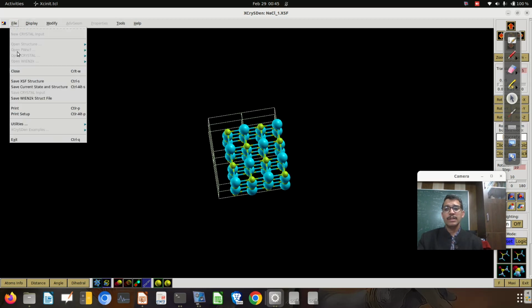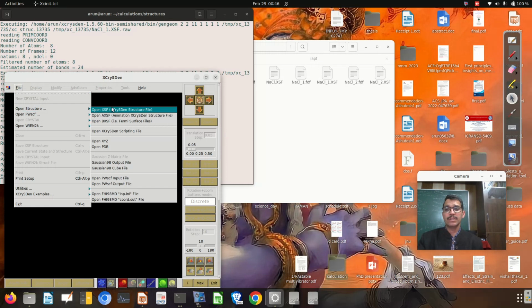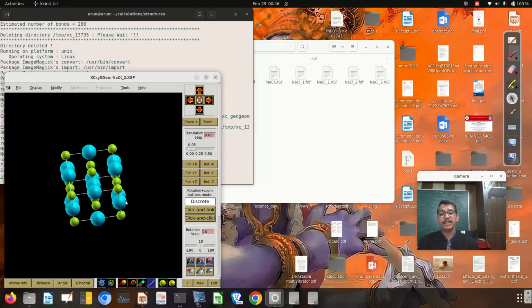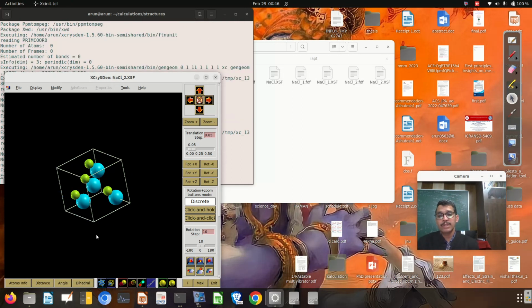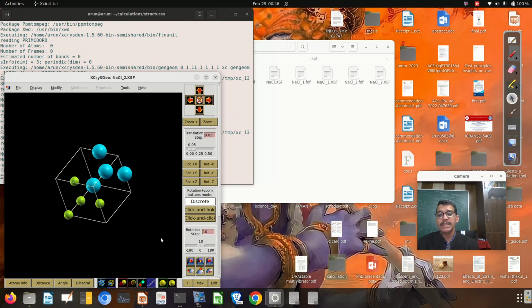Similarly, one can close it, and if I look at another structure, XSF file, NaCl_2.XSF, this file. So if I open it, I will get a similar type of structure. In the primitive mode, I can see it in this way. So when I repeat, it looks similar as I have seen earlier.